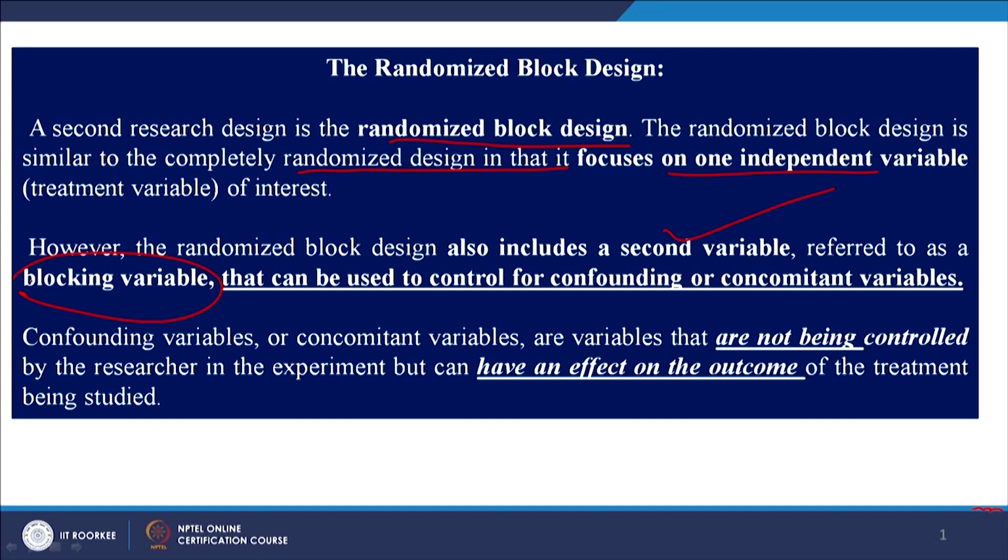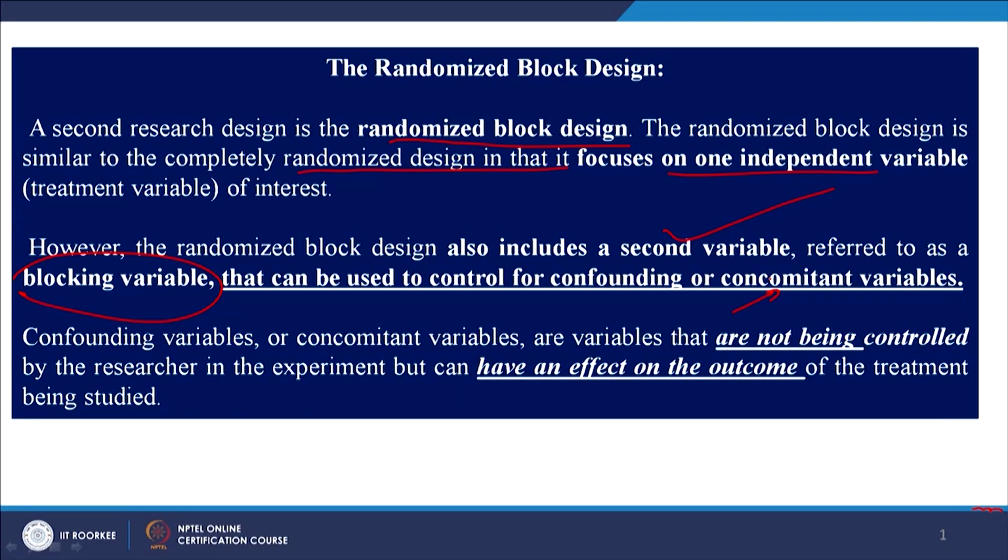This blocking variable can be used for controlling the confounding or concomitant variables. Now, what are these confounding or concomitant variables? These are the variables which affect the output. As we know, the dependent variable gets affected by the independent variable, but there are some variables which affect the dependent variable as well, apart from the independent variable.